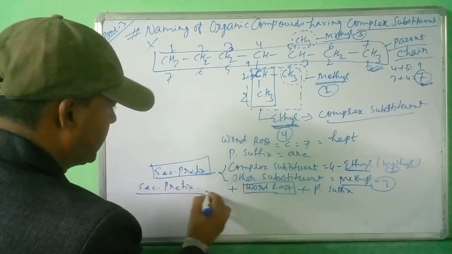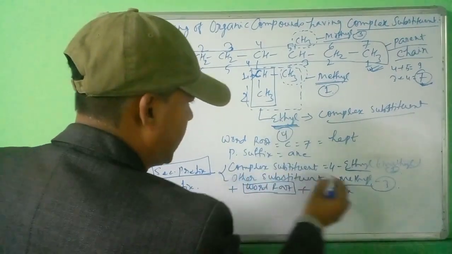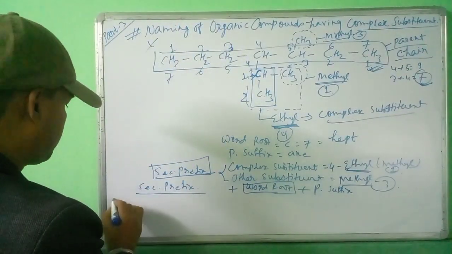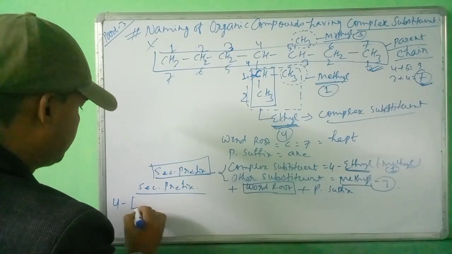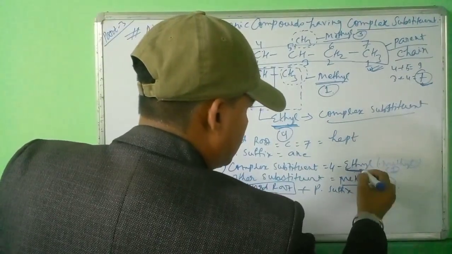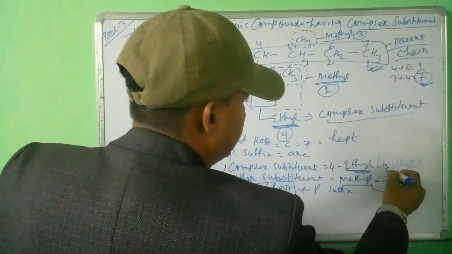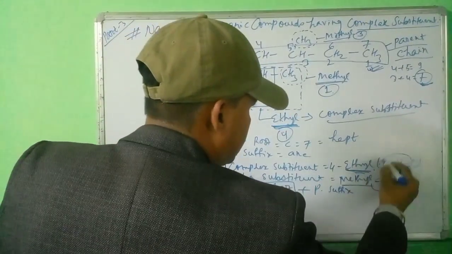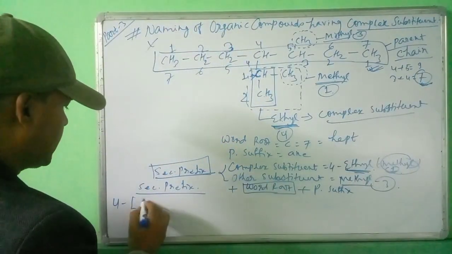Secondary prefix here has 2 different terms, complex and here. So alphabetically this is written first. So here the 4 dash and bracket, in the bracket the position of, so ethyl having methyl, so methyl is written first, substituted here. This methyl is written inside the bracket at first.